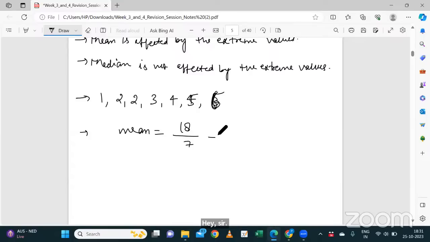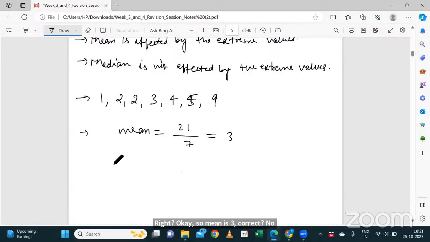Let me make it some divisible number. If I write this as a 9, then the sum will be 21, right? So the mean is 3, correct?